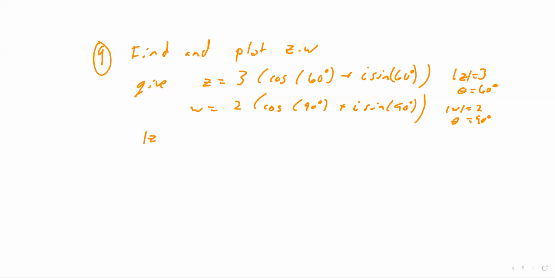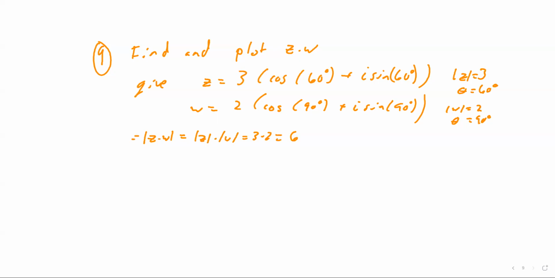You need the modulus of Z and W, and Z times W is just going to be the same thing as the modulus of Z times the modulus of W. So I can say this is 3 times 2, which is 6.